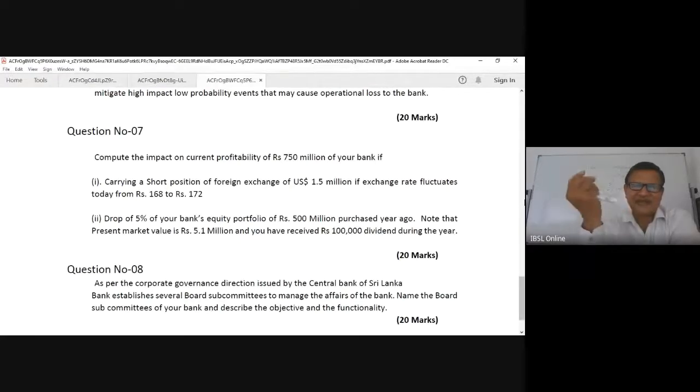You need to understand when it is foreign exchange, whether your position is short or long, and in equity, you need to understand terms like what is your original investment. When you say market value, it is the current price of the shares what you have originally invested, and any drop in that will be a percentage of current price, and on that basis we have computed.